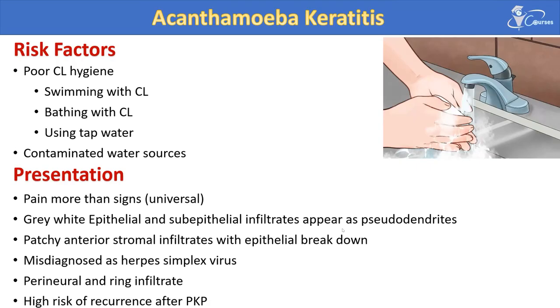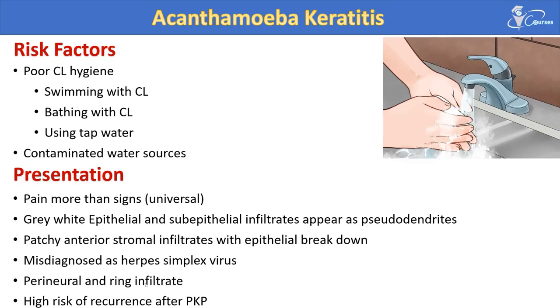They will cause pseudodendrites, similar to those of herpetic keratitis. So at that level, when the organism is invading the epithelium, it can cause the appearance of pseudodendrites. Then they will reach the stroma. At that level, they will present with patchy anterior stromal infiltration with epithelial breakdown. So it will be misdiagnosed as herpes simplex.